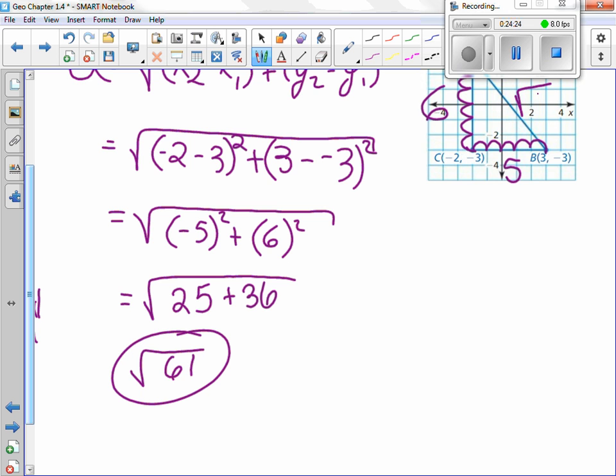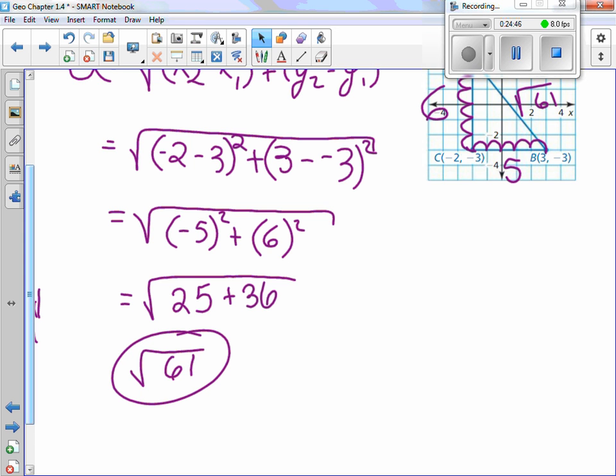So our hypotenuse is the square root of 61, and I believe it does not reduce. Now, if it's asking on the homework, and I'd be making sure to pay attention to the wording, because if it says it wants the exact length of the perimeter, we are leaving it as the square root of 61. Because the square root of 61 is the exact length.